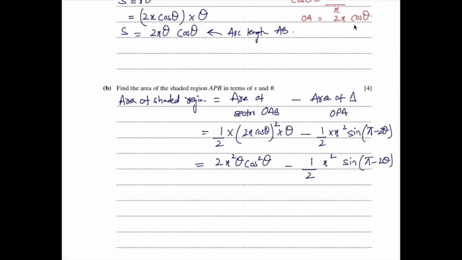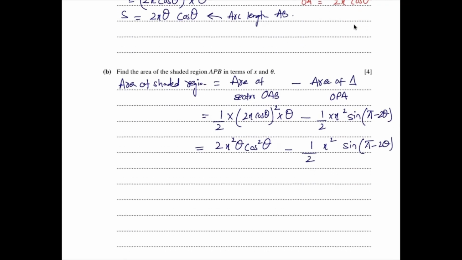We have the area of the sector in the simplified form minus the area of the triangle. Can you take out 2 cos and then sine theta? Oh wait, no, never mind. Okay, we can leave the answer till here for now.